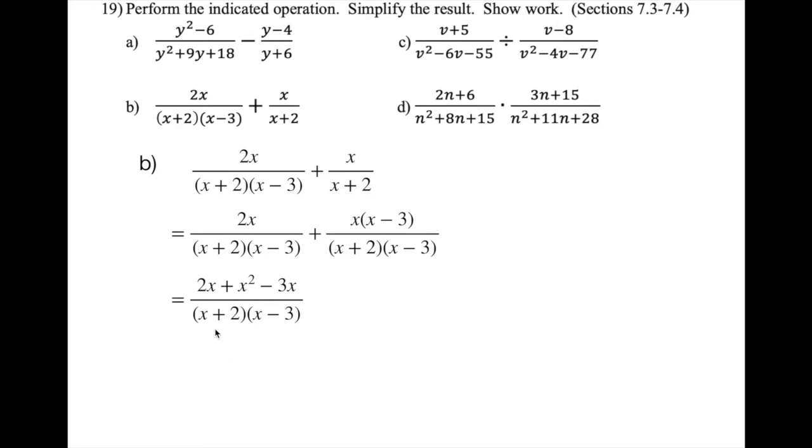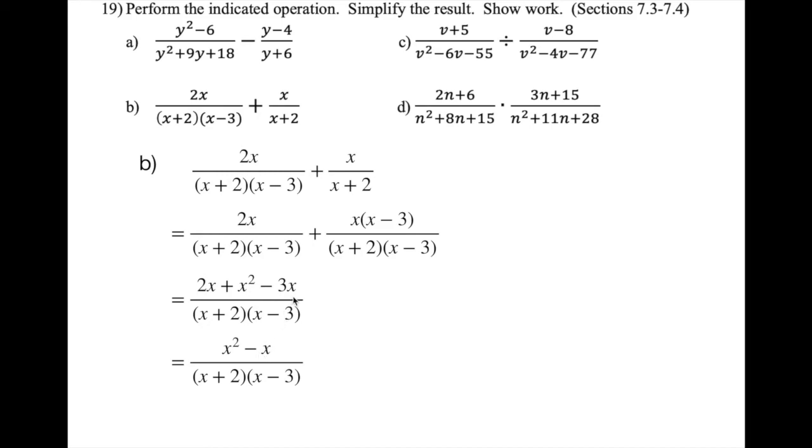We are ready to do the addition for the numerator. So up here will be 2x plus, this one if we multiply out everything, it will be x squared minus 3x. We put it here. And then we want to further simplify that because 2x minus 3x is just minus x.